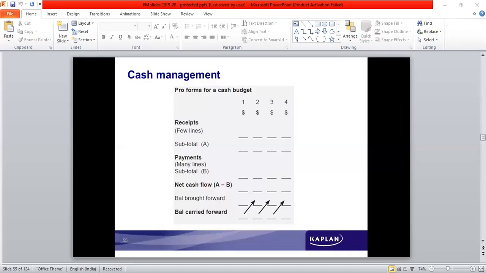Then another percentage is 35%. 35% of the sales 2 months later, the month following the next month. So 2 months later it will be received. 5% is bad debts. It will not be collected at all. Fine.